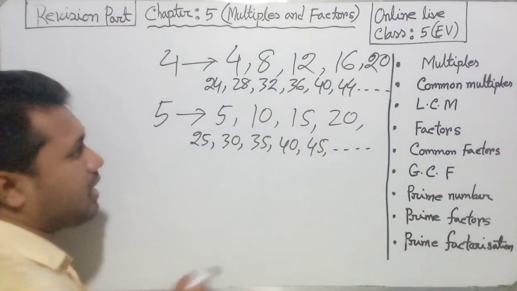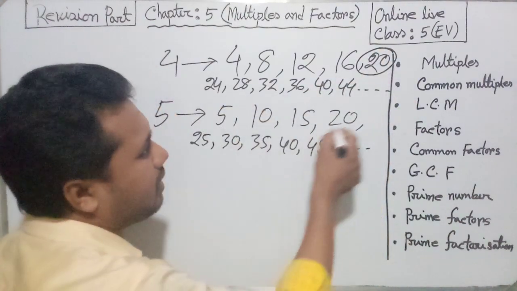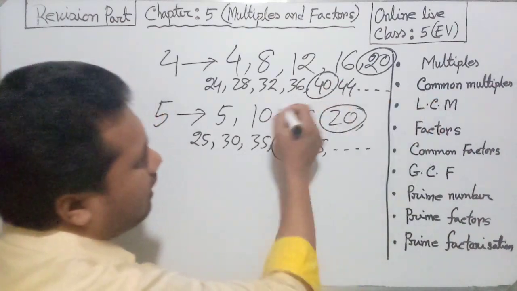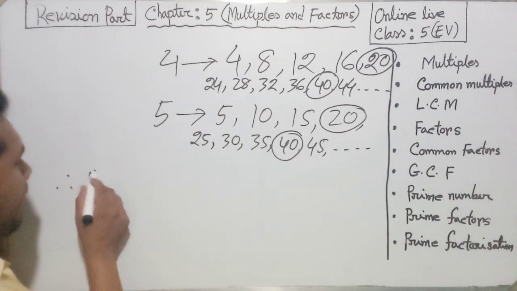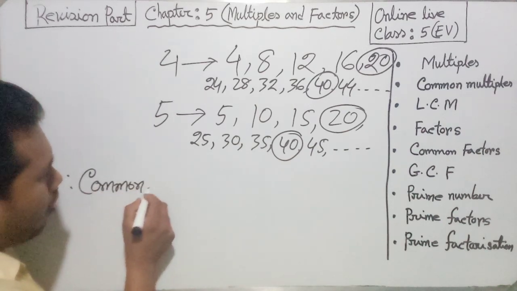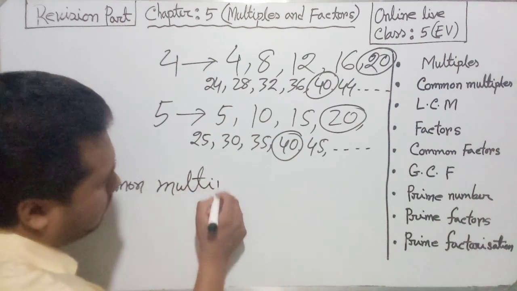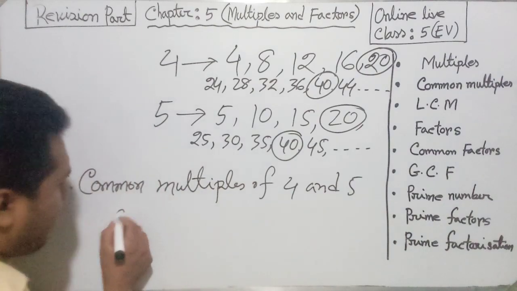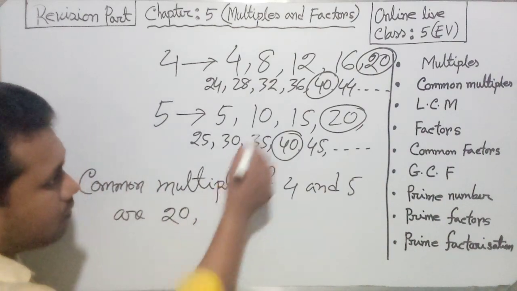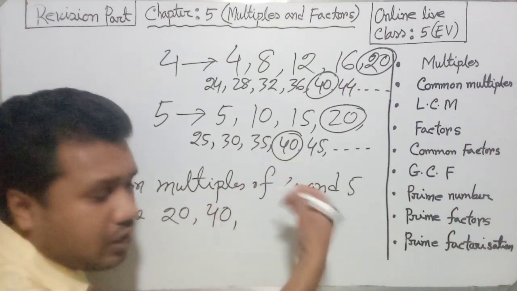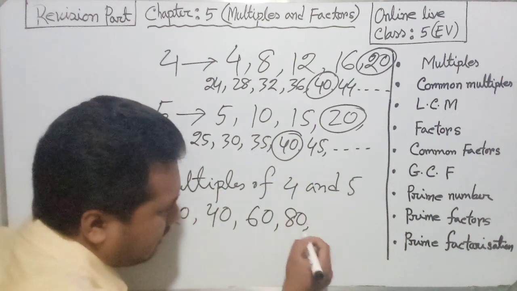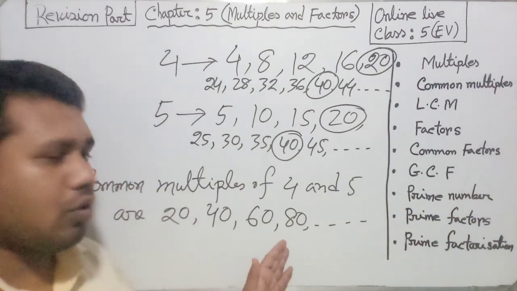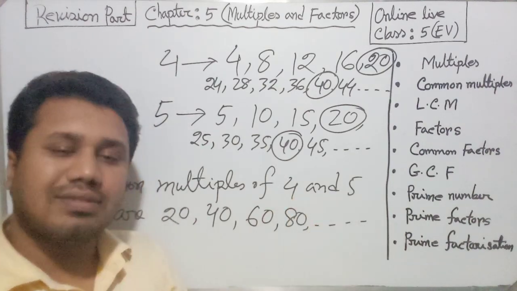Now look, dear students, the common multiples of 4 and 5 are 20, 40. If we continue the list, we will get 60, 80, like this, unlimited. So these are the common multiples of 4 and 5.